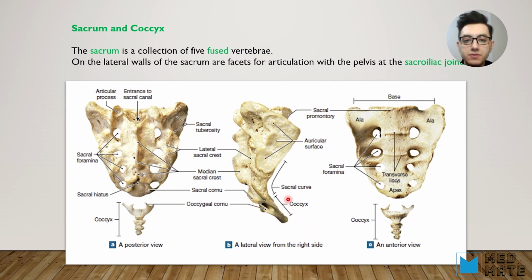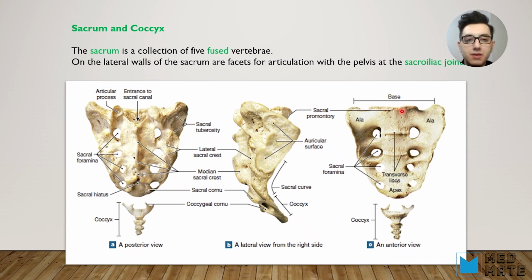There are two curves, the sacral curve, lordosis and kyphosis. First of all, you have to know that the head of the sacrum is called the base, and the ending portion is called the apex. So this part is the apex, and this part is the base.